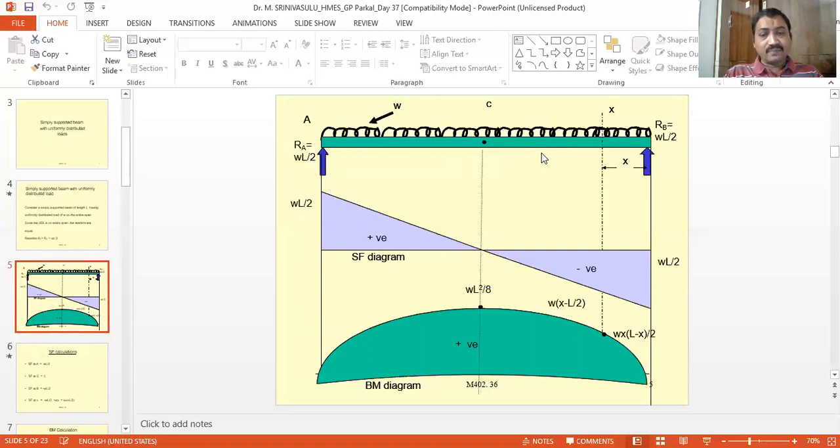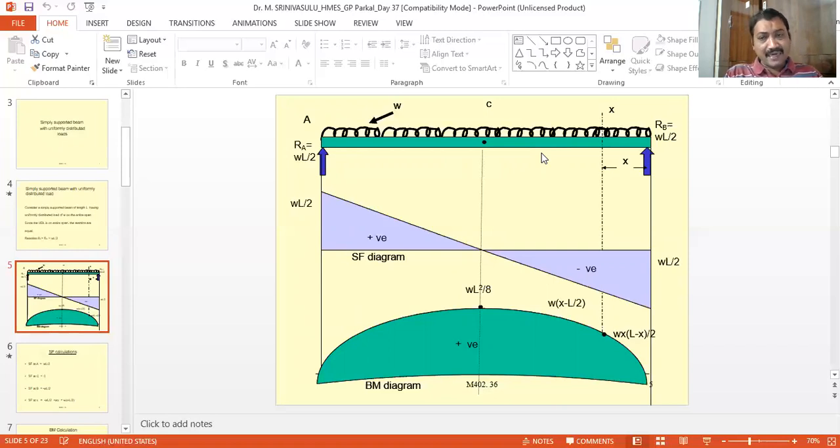So the total load acting on the beam is equal to w into L. Because it is loaded symmetrically, the two supports will share the load equally. So the total load is wL.